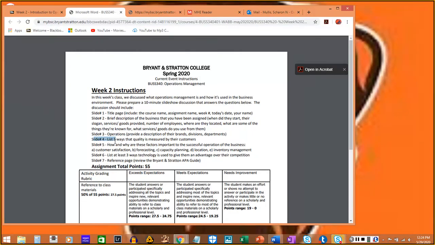Slide 4, list of 5 ways that quality is measured. Slide 5, how and why are these factors important? And then you'll discuss each one, A, B, C, D, E. Slide 6 lists at least 3 ways technology is used. And slide 7, which a lot of people get points taken off for, make sure you cite your references properly.